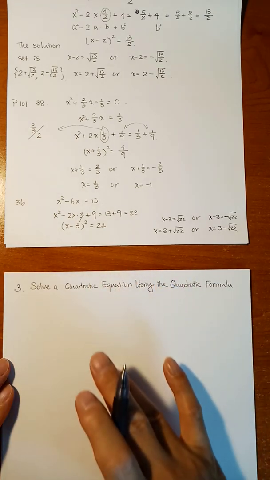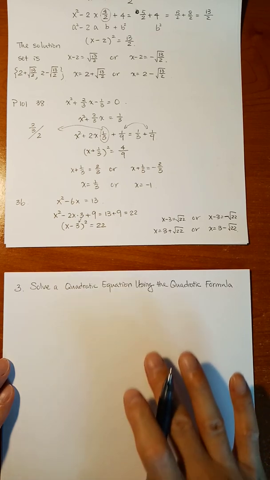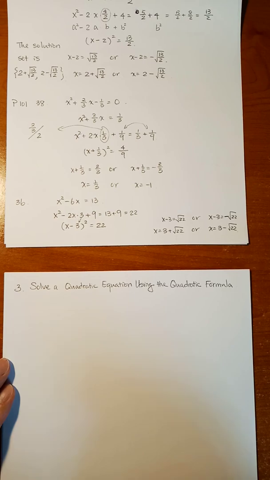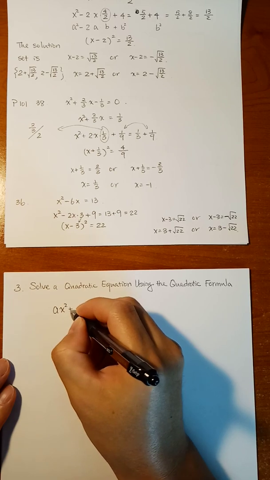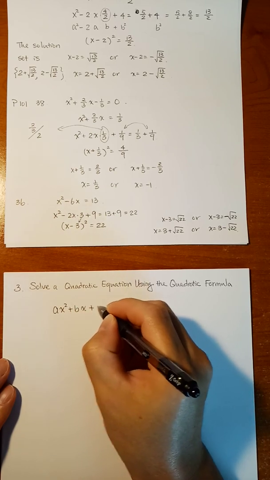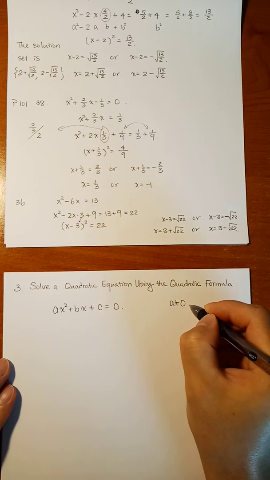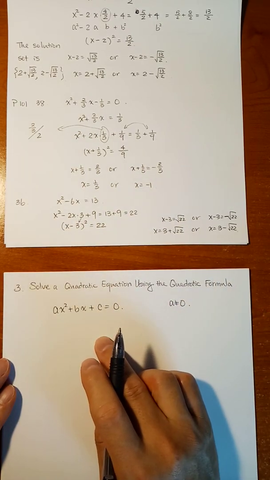The whole process is not required, but the final formula is required. Okay, so I'm going to prove or find the formula. This research is not required. The final formula is required. Okay, so we have a quadratic equation in the standard form.